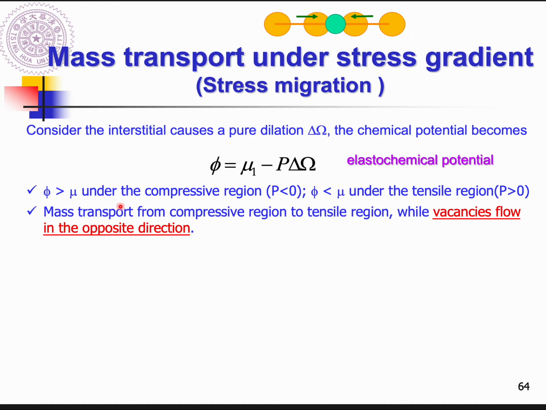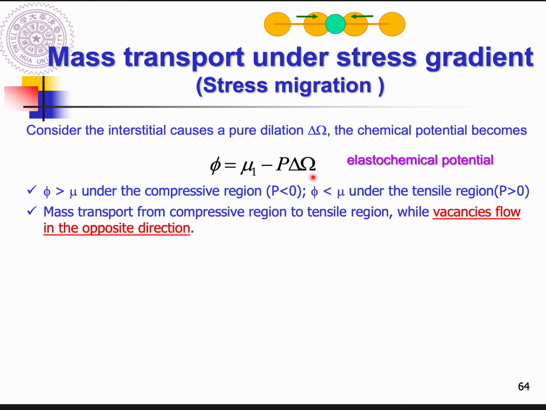When the atoms are located in the compressive region, the pressure P is negative, so negative times negative is positive. Anyway, it is mu1 plus the extra term, and the extra term is the compressive stress times delta omega, where omega is the average atomic volume.